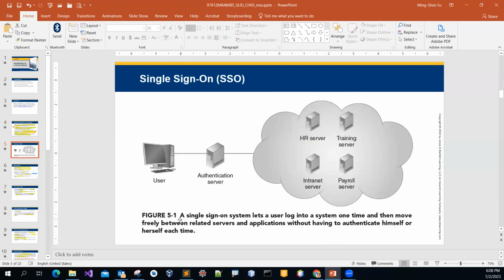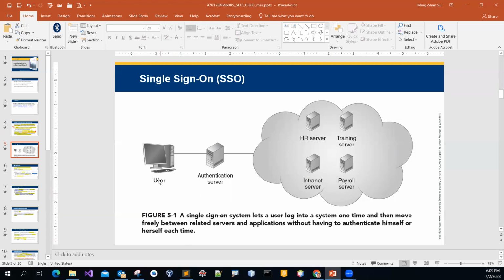So this figure shows a single sign-on system where a user can log into a system one time, and then can move freely between related servers and applications without having to authenticate himself or herself each time.